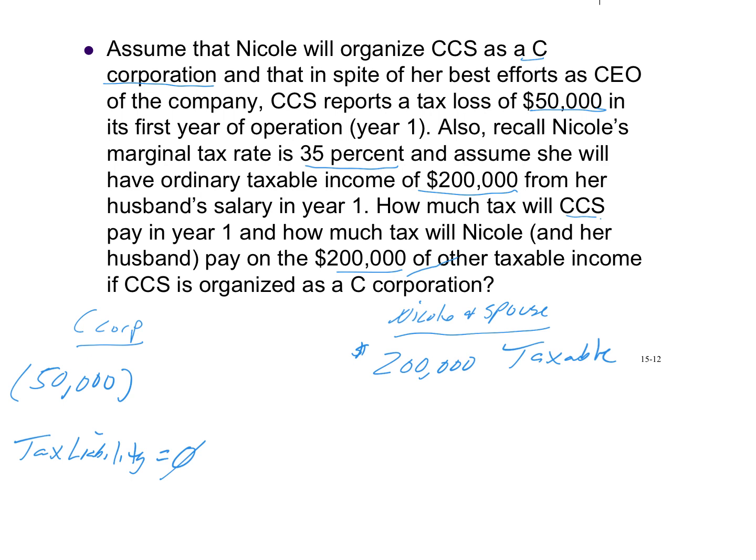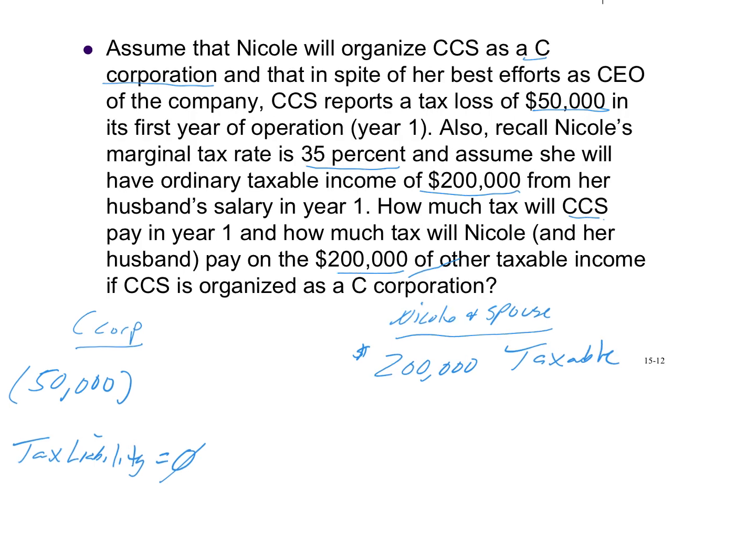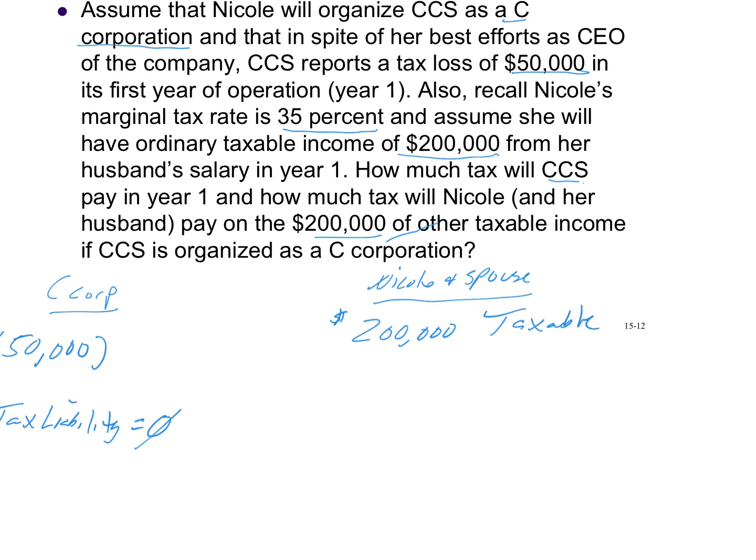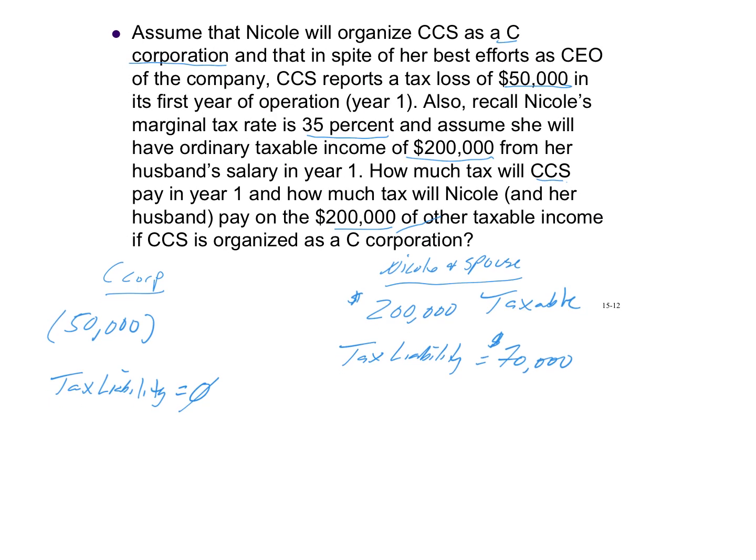And if their marginal tax rate is 35%, and we just apply that to the 200,000, we find that their tax liability is $70,000. So if Nicole organizes as a C corporation, the C corporation generates this loss. They're going to get to carry that loss forward, but it doesn't have any direct impact on Nicole's taxable income or her tax liability in that year.